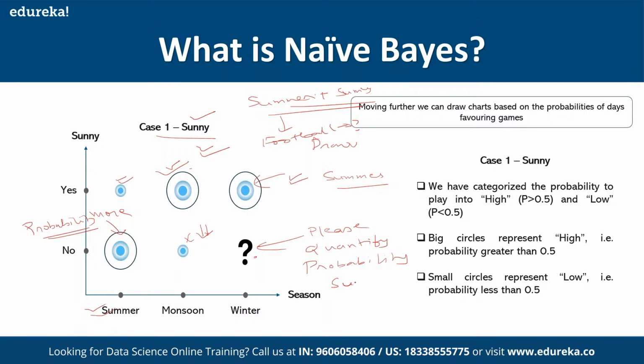That it is sunny and it is winter time. As a data scientist, I am asking all of you, please quantify for me: what is the probability of no, given the weather conditions are sunny and winter? This is the question you need to answer.